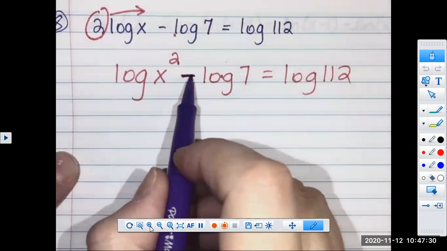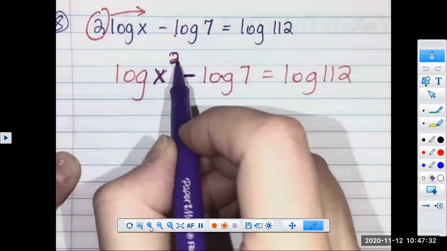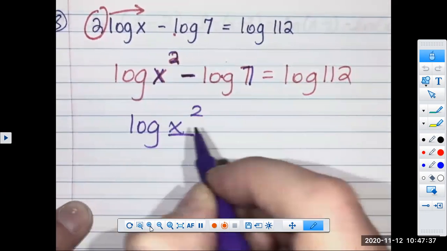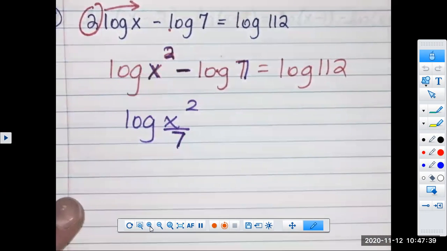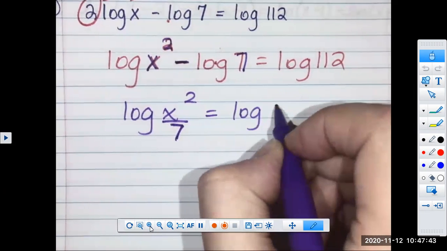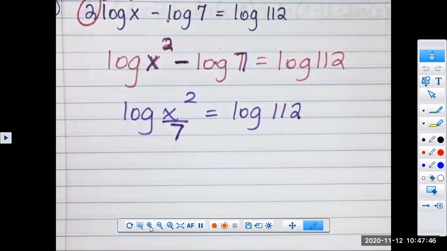Condense this even further. These are subtracted, so when you condense, divide those. Log of x squared divided by 7 equals log of 112.